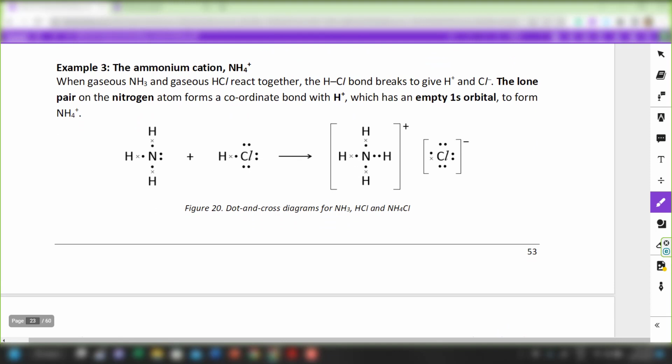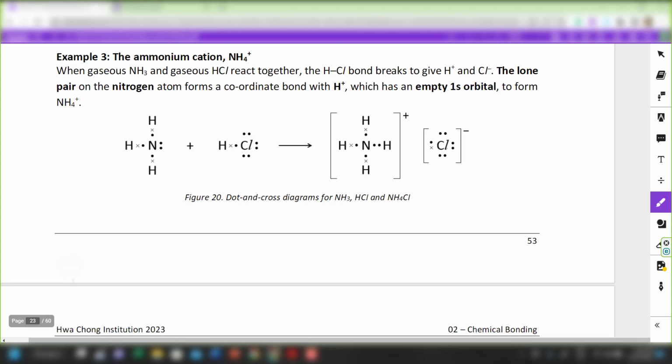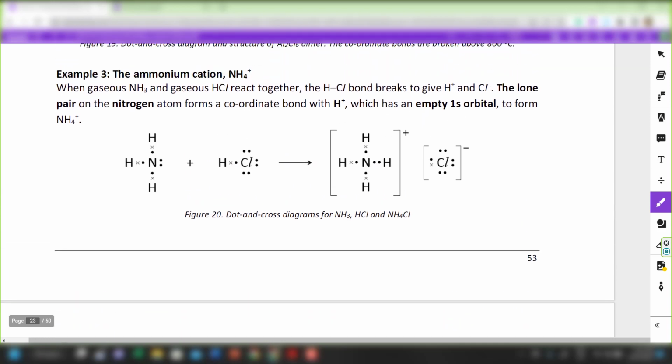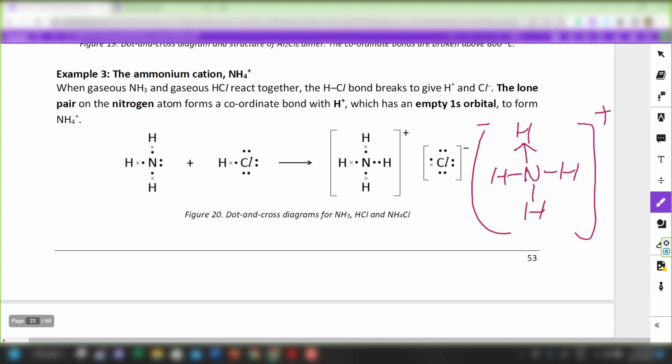The lone pairs of electrons is being contributed by nitrogen. Okay, and then a dative bond is being drawn towards H. So over here I'm just going to show you how the Lewis structure will look like. So like this, H, H, H, H, and then we draw an overall bracket with a plus charge.